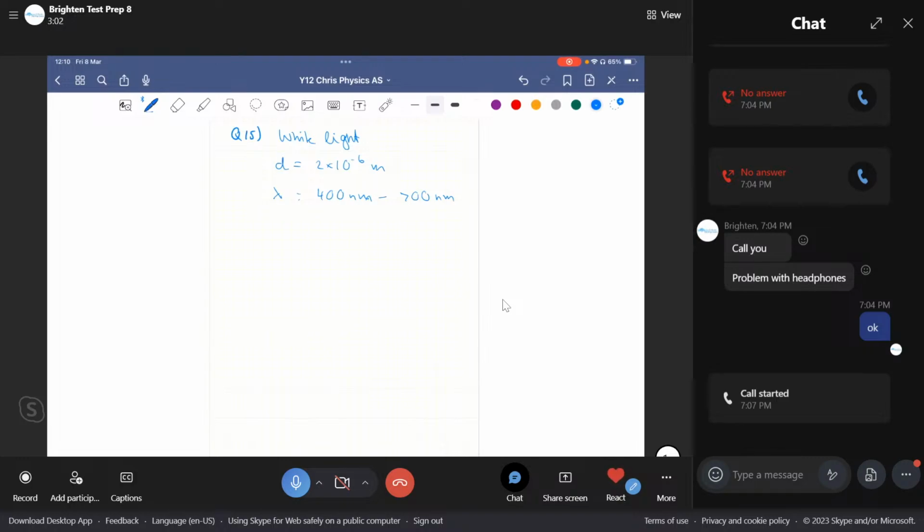So what we want to calculate now is the angle. So it's diffracted with the slit separation, and the white light is incident. And of course it will split. That's a bit the follow-up to what we've seen here in this one.